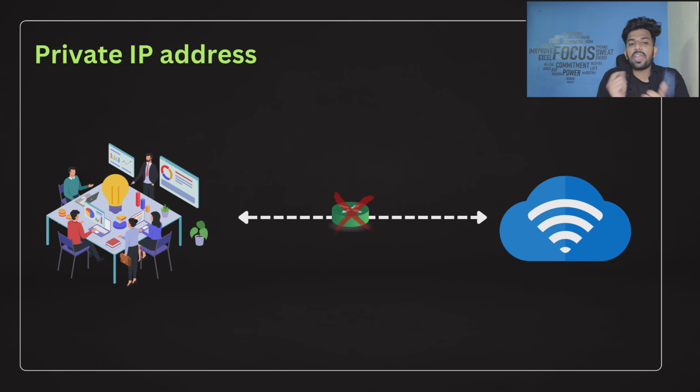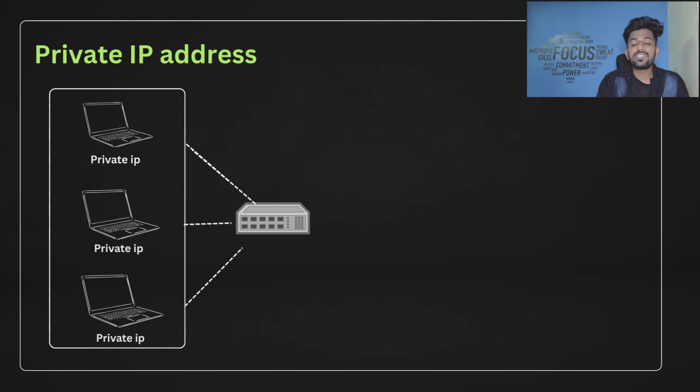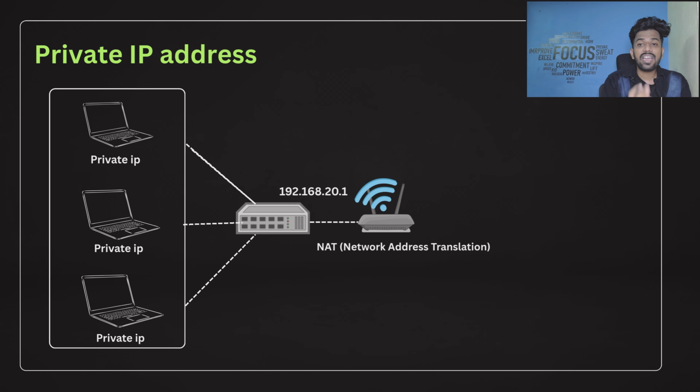Then why do we use private IPs? That is the question, right? The main purpose is to conserve public IPs. Since public IP addresses are limited, if every device in the world required a unique public IP, we would have run out of them long ago. Instead, devices inside the network use private IP addresses. If they want to connect to the internet, they use a protocol like network address translation.